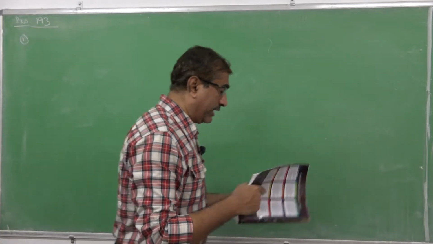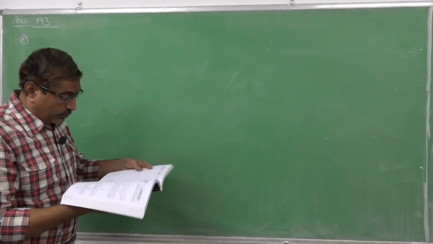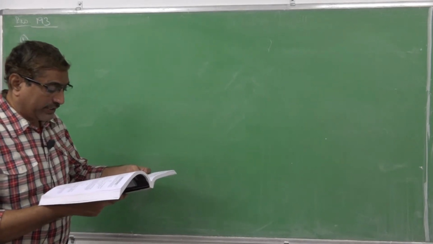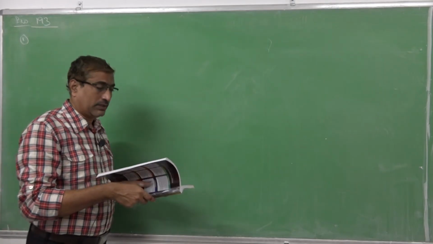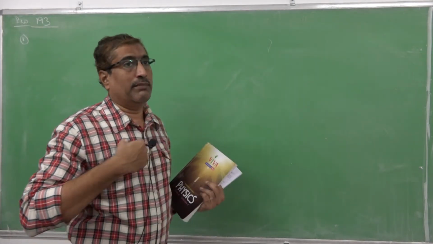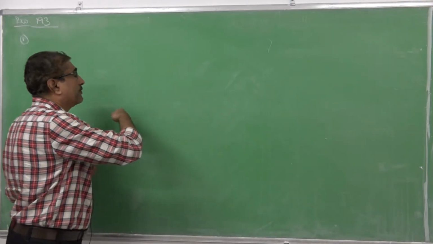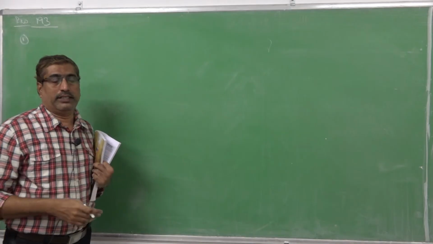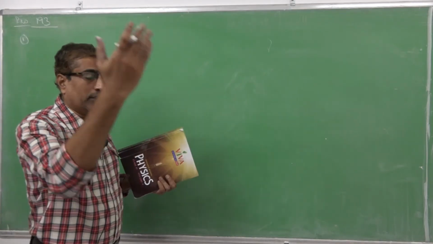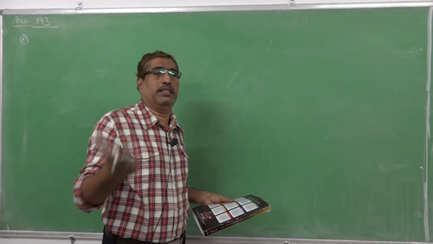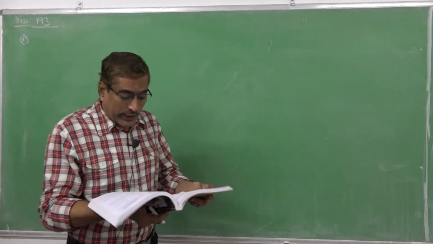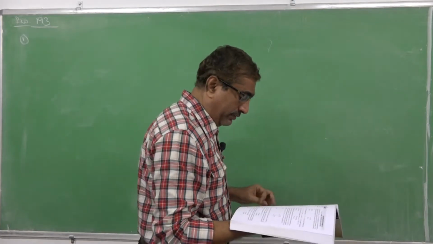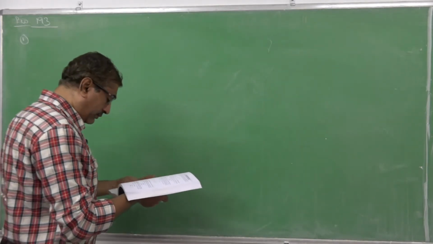So a 1 kg mass slides down a rough inclined plane of inclination 37 degrees. As the body slides down, its kinetic energy is converted into thermal energy. Due to that thermal energy, there is a rise in the temperature of this copper body. Find the rise in the temperature.